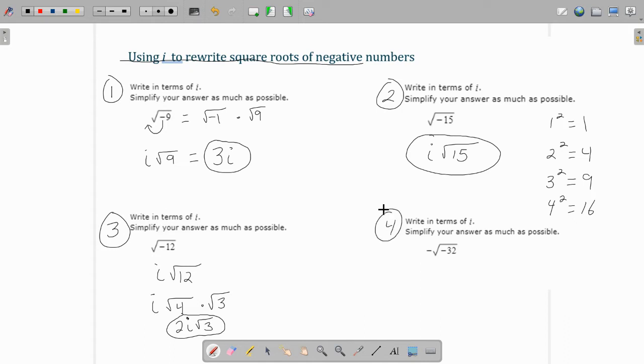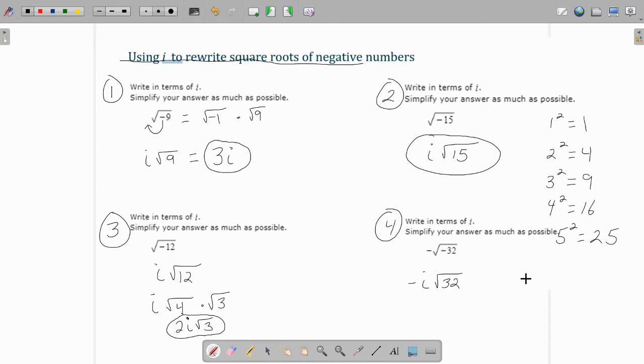And number 4, our last example. There's a negative outside. That's fine, just bring it along for the ride. Take the minus out, it becomes an i, so we get negative i square root 32. That's the only difference between this one and the last: the negative outside. Now you have to break down 32. What's the biggest perfect square that goes into 32?